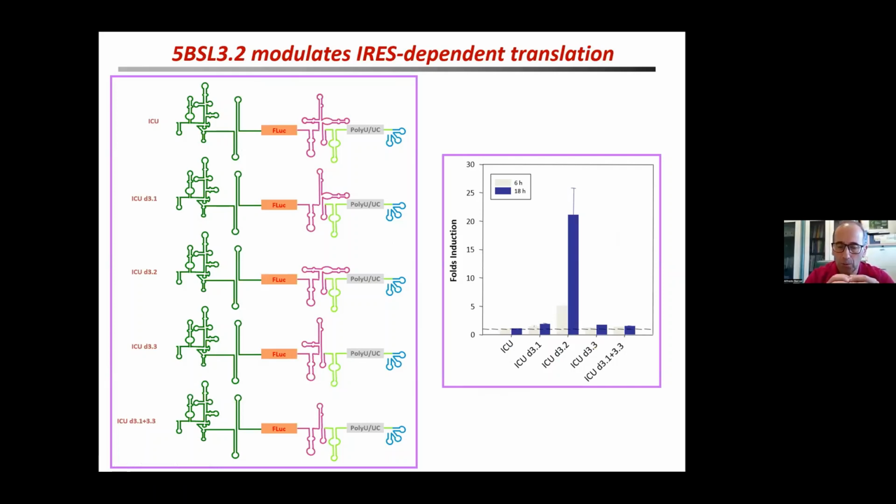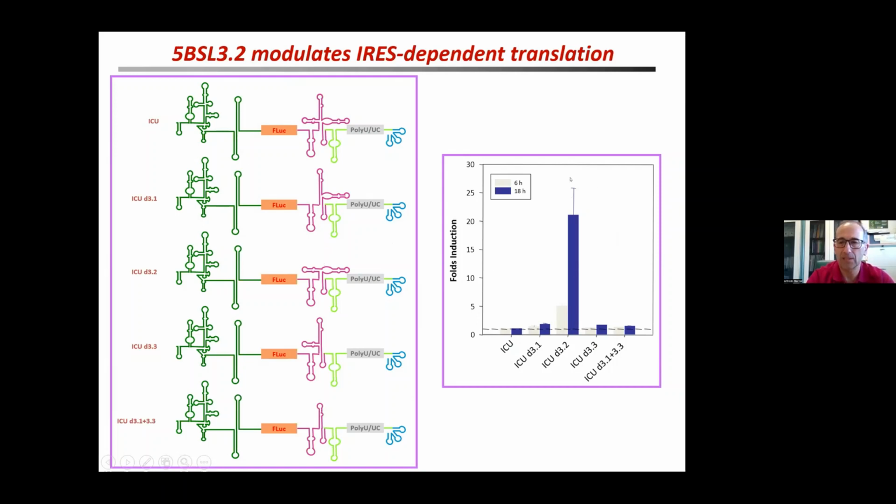Further, we wanted to see whether this interaction that occurs in vitro in the absence of any protein can be functional. For this purpose, we made this construct in which we use the messenger of the luciferase gene flanked by the 2 ends of the hepatitis C virus genome. And we made a set of deletion mutants in which we removed the different structural units of the CRE element.